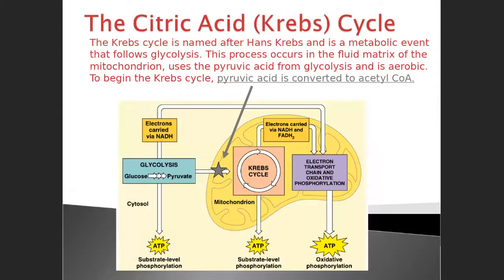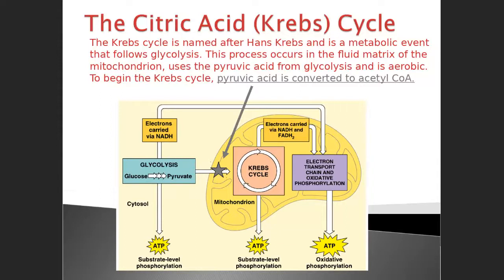The next thing is the citric acid cycle. So let's start to fill out our chart. In the prokaryotic organism, the citric acid cycle, also known as the Krebs cycle, occurs in the cytoplasm. But in the eukaryotes, it occurs in the mitochondria. Okay? Good. It's aerobic, right?